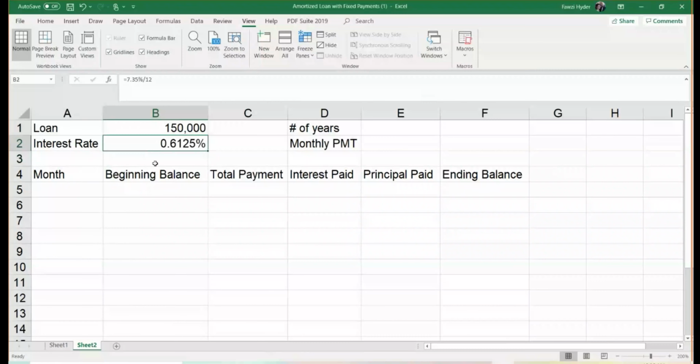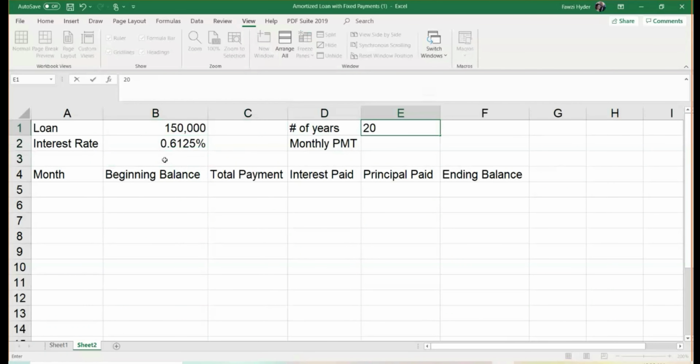So here, the monthly interest rate is 0.6125%. The number of years is 20. So now I need to determine the monthly payment. Now when you compute, the payment is 1,194.6692. Of course, this is after rounding.